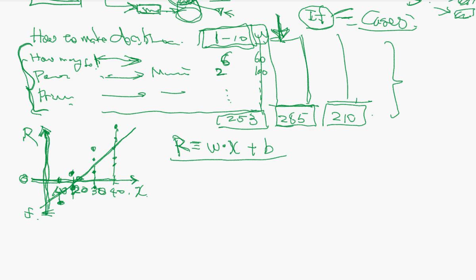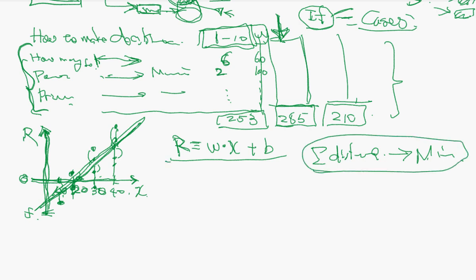And how do you determine regression? For each data point you calculate the distance. And the summation of distances is smallest. That's the line, and you use a linear line.